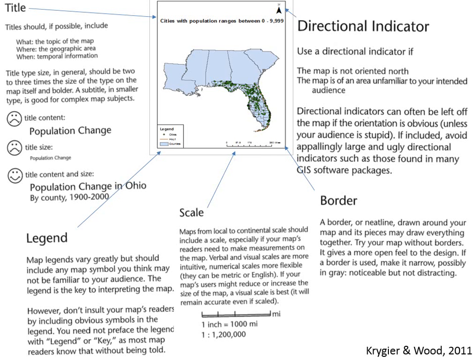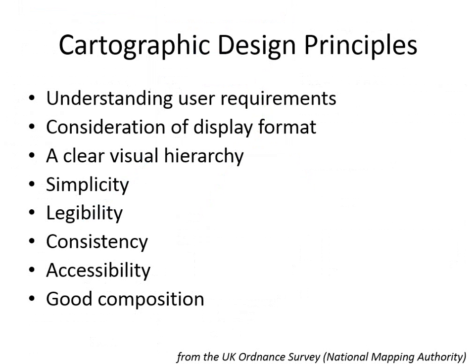Because when you create a scale bar in ArcMap and you resize it, you can get some pretty funny little divisions there. There are additional things that we could say about this map, but all of these critiques are coming from a book by Krygier and Wood from 2011 that I would highly recommend if any of you are interested in this. The remainder of this video tutorial will be talking about cartographic design principles.